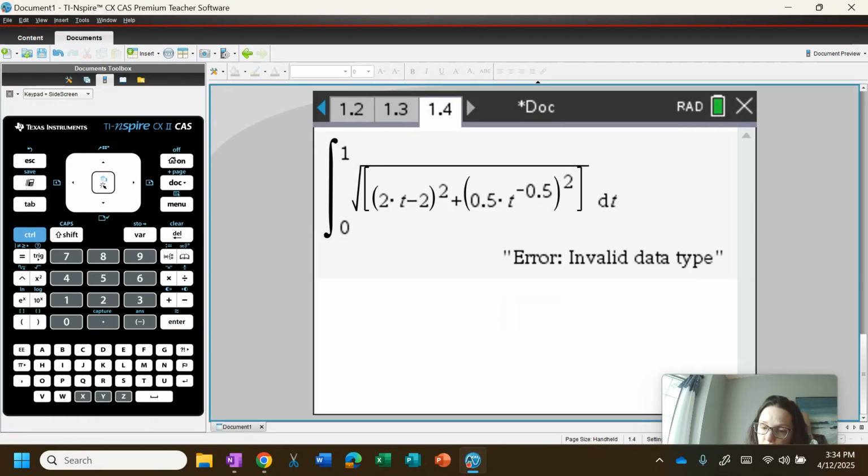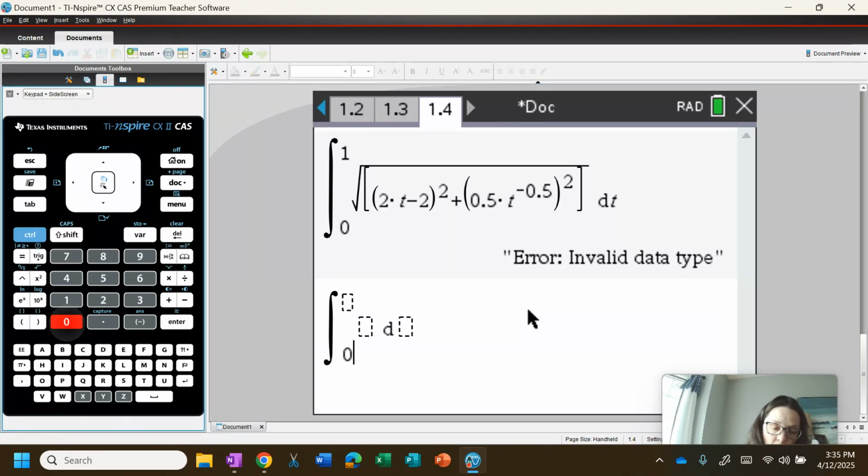Invalid data type. Why? Why are you an invalid data type? That's a great question. 2t minus 2 squared plus 0.5t to the negative 0.5 squared from 0 to 1. I have no idea what's wrong with that. Let's try it again using x.